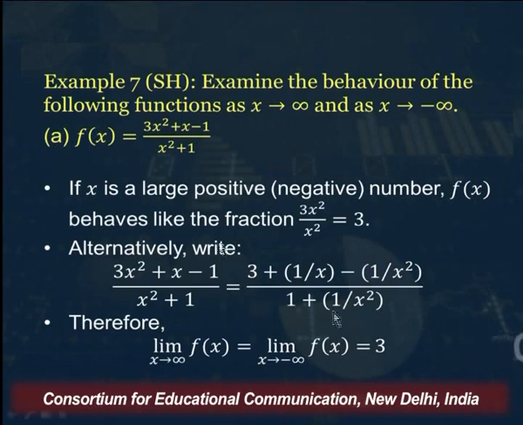So that is why the trick makes sense. Once you do that, you can write this expression as 3 plus 1 by x minus 1 by x squared in the numerator, when you divide by x squared. In the denominator, you get 1 plus 1 by x squared. And you can see here that as x tends to infinity or minus infinity, the terms 1 by x and 1 by x squared will all vanish, right? And in the limit, you will approach the number 3.